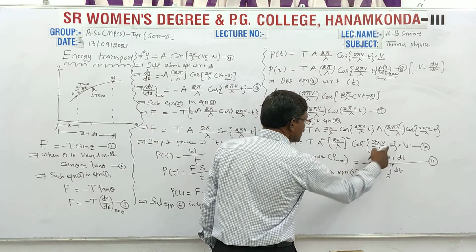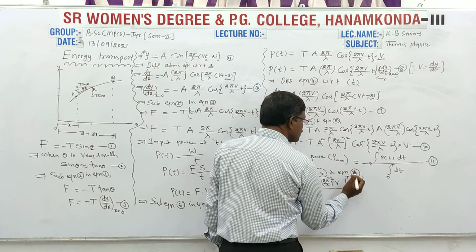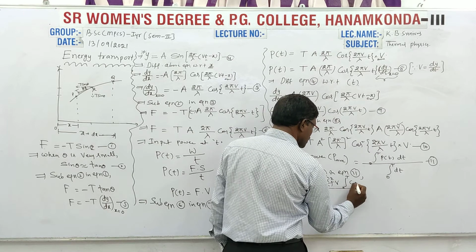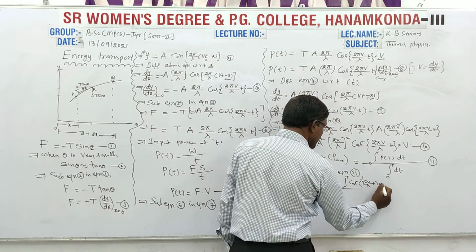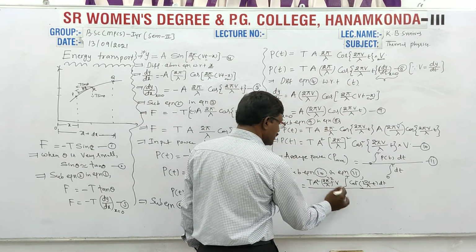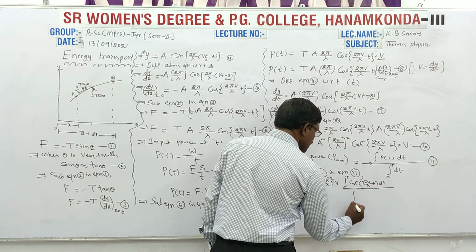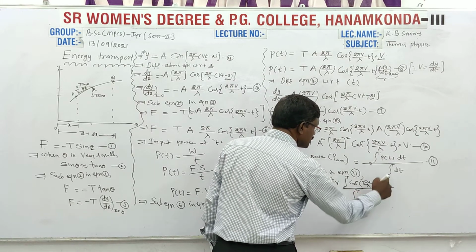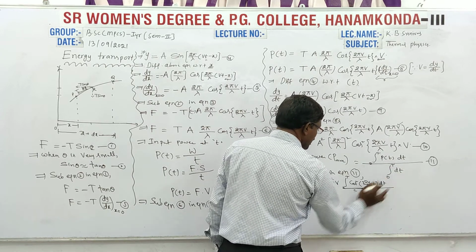So simply I am keeping this term in the integration part, that is 0 to tau, this one, that is cos square 2 pi v by lambda into t dt whole divided by 0 to tau dt. The integration of dt gives how much?